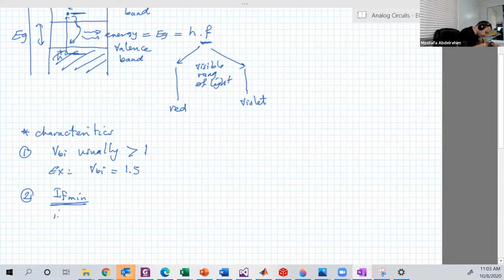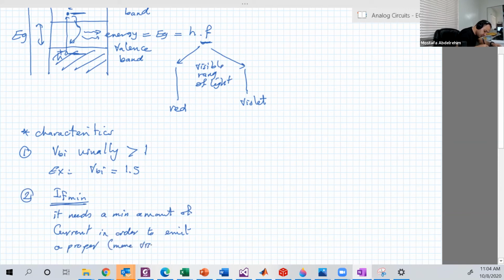So it needs a minimum amount of current in order to emit a proper, or more visible, we can say, light.